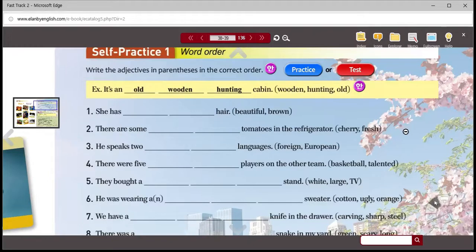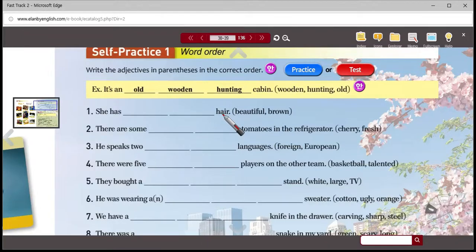Okay, so the self-practice 1 activity is pretty much the same as what we saw in this first speaking activity. In this case, you're actually given the adjectives. So I assume that you know what kind of adjectives they are and how they relate to these objects.